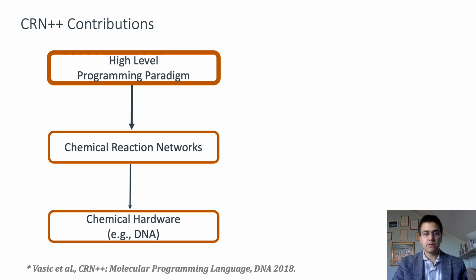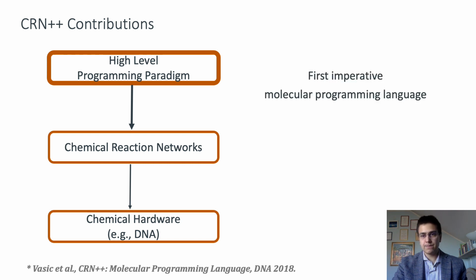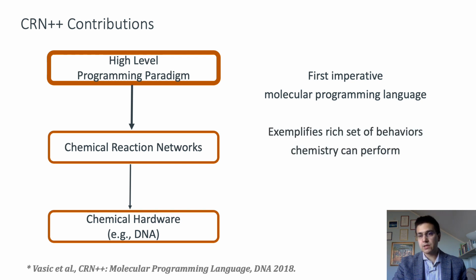Okay, so what did we achieve with CRN++? We designed a high-level programming paradigm that makes it easier to encode desired computation. It's the first imperative molecular programming language as far as we know. It exemplifies a rich set of behaviors that chemistry can perform. You can write very complex programs and see that chemistry can do it.